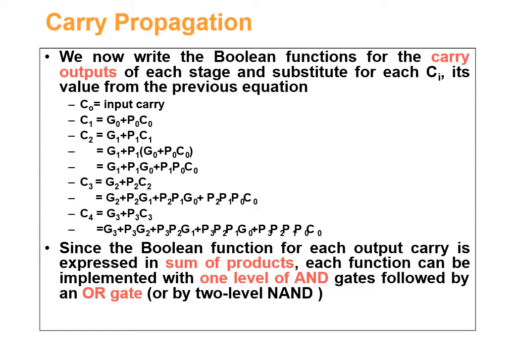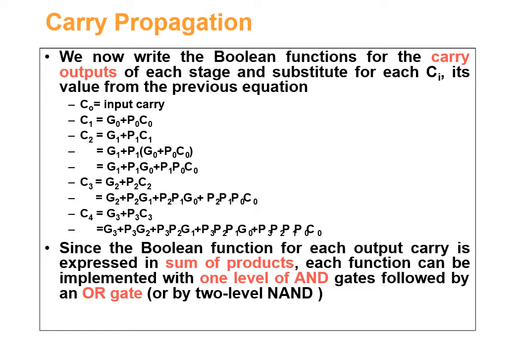Similarly, C3, the third carry, depends on the previous stage, which is the second stage, and its equation is C3 is equal to G2 plus P2 C2. Now we put the value of C2, we get G2 plus P2 G1 plus P2 P1 G0 plus P2 P1 P0 C0.